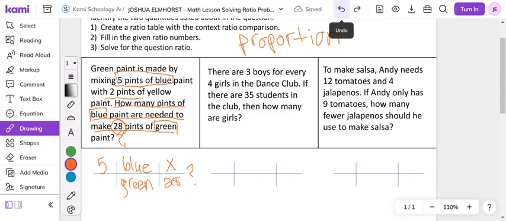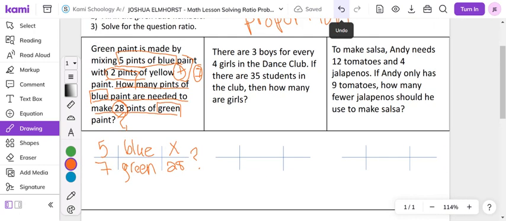But 2 is not green. 2 is the yellow. What we have to know is that mixing blue and yellow will give us the green. So if we mix them, we have 5 and 2 together. That is going to give us 7 parts green, or 7 pints of green.